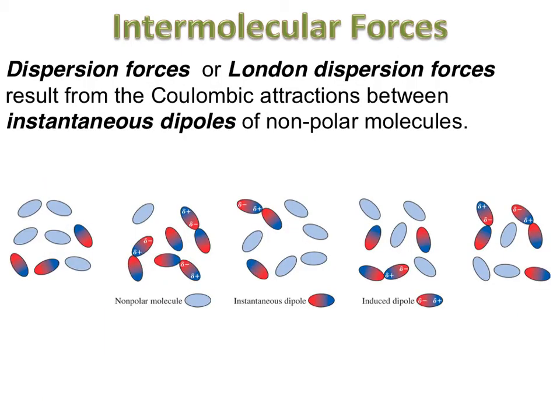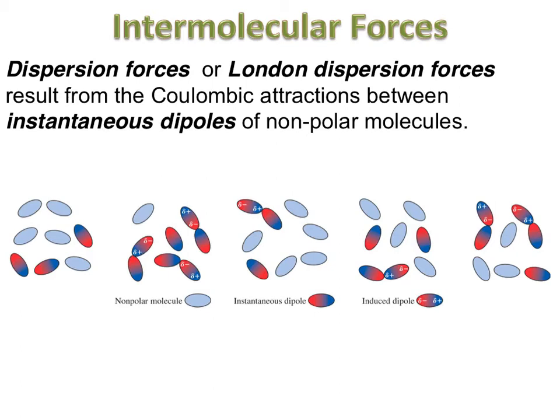To account for that trend that we saw from the hydrogen sulfide to the hydrogen selenide to the hydrogen telluride, we're going to talk about dispersion forces, or London dispersion forces. These result from attractions created by instantaneous dipoles of nonpolar molecules, or basically the more electrons that you have, the more likely you are to form an instantaneous dipole.